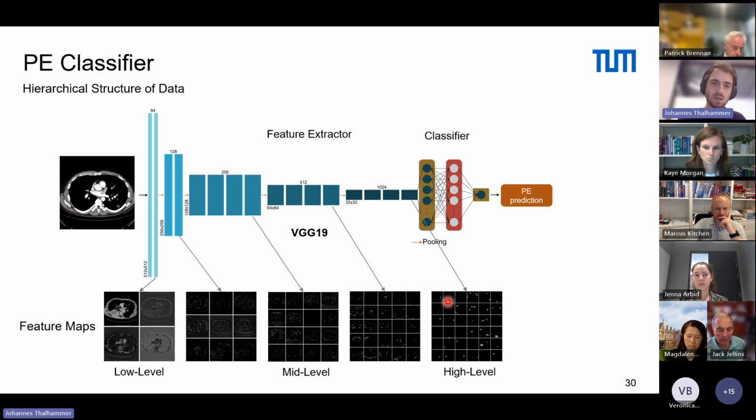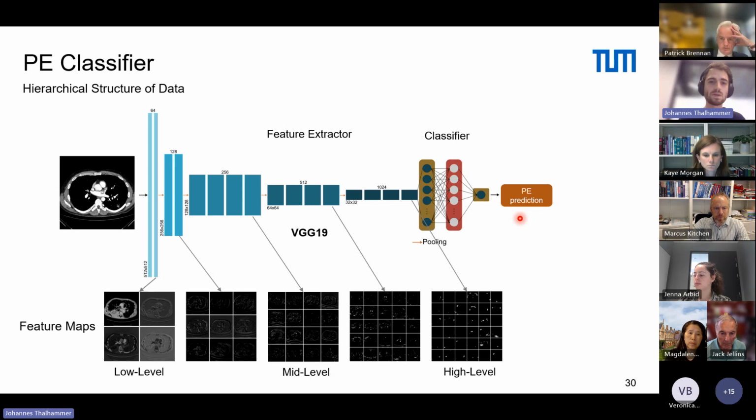And then after this high-level feature extraction, you feed that into a fully connected network, so your classical neural network architecture, and this tells you then actually what kind of class label is associated with your input.